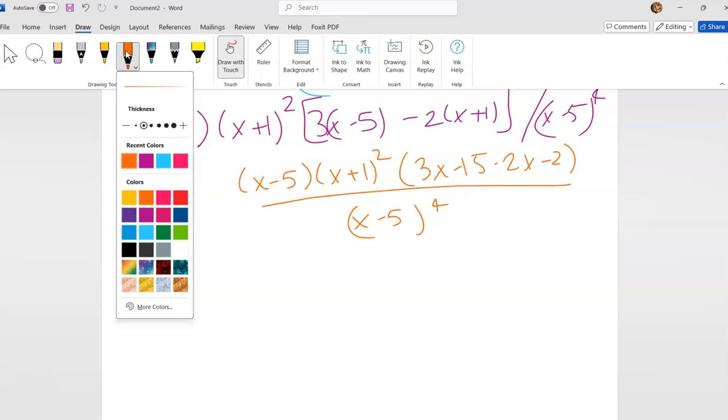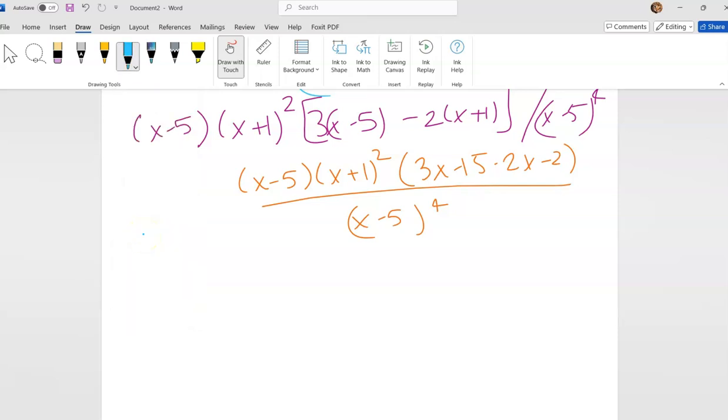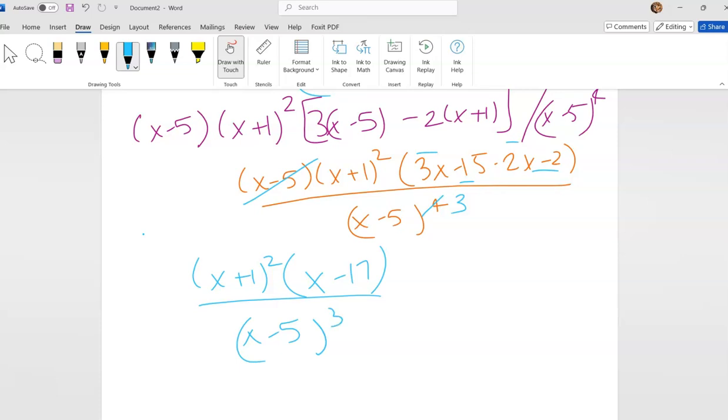We're hoping more things cancel out. So what I'm noticing right here, this can go with one of these. I like that. Anything that goes away is always a plus in my book. What do I have left here? I have 1x and 17. Because you can see those two are like terms, those two are like terms. And I have an x minus 5 to the third. And so that is my final simplified answer.